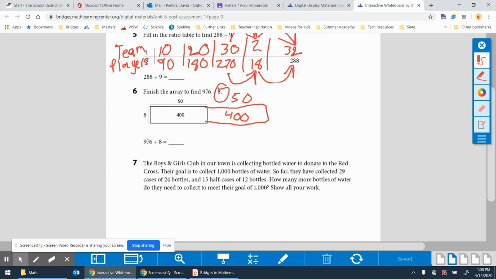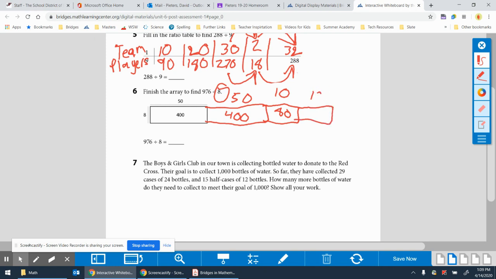976. So one of the things we can do is, if we wanted, we're multiplying by 8, we could make it a little bit smaller. We don't want to go too big. If we added 10 to this side, 8 times 10 is 80. So now we have 400 plus 400 is 800, 880. So if we're thinking, we might be able to add another 10.